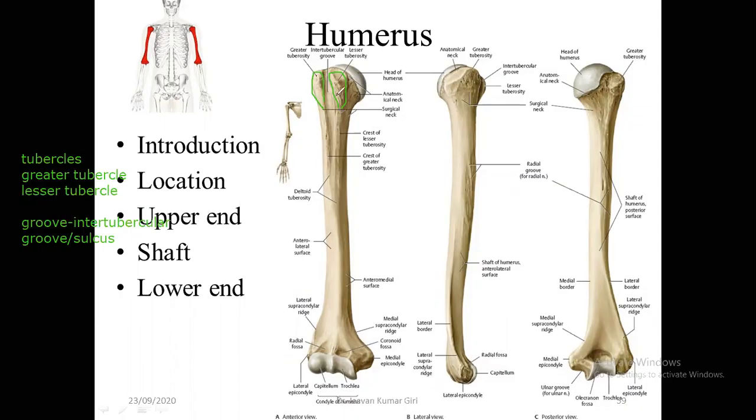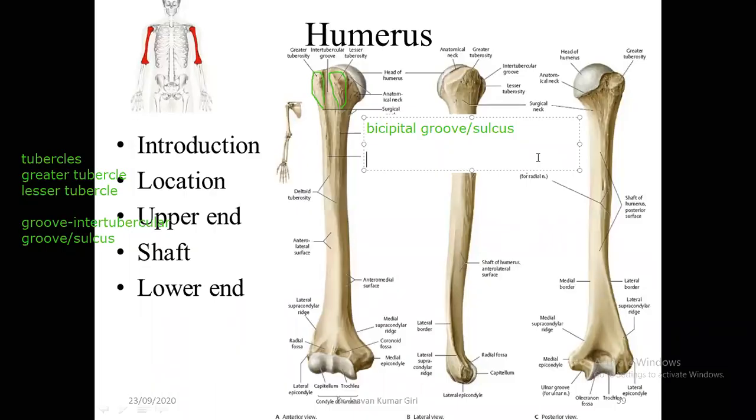The other name for this groove or sulcus is the bicipital groove or bicipital sulcus. Sulcus and groove are the same thing. So the depressed region between the two tubercles is the intertubercular sulcus or bicipital groove.